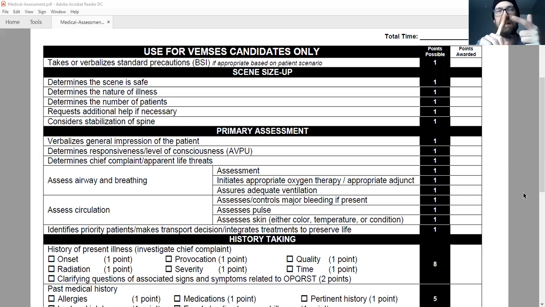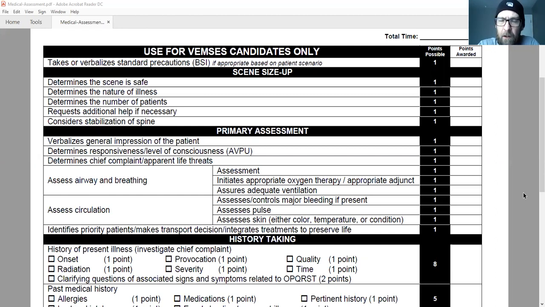Let's make it easy, like trouble breathing from asthma or chest pain, something where the patient is conscious and able to talk to you. We'll move into different things, like patients being unconscious or unable to communicate with you, and how we tackle those things in the primary assessment. We'll get into that after we establish this as a baseline, a foundation.